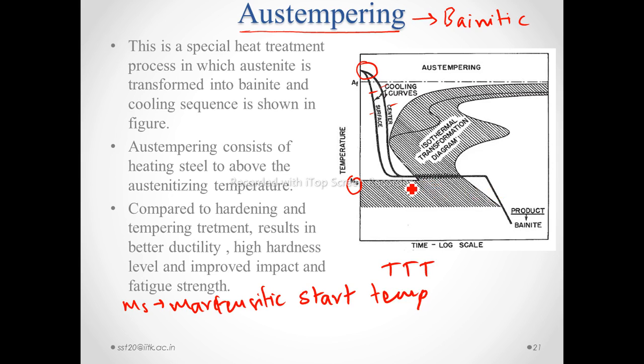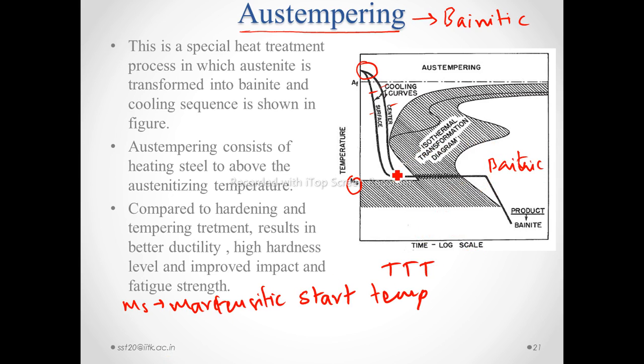We are cooling only to just above the martensitic start temperature and holding at this temperature for some duration of time, so that all the microstructure is transformed to the bainitic structure, and then it is cooled with a normal cooling, so that the final microstructure consists of a complete bainitic structure.